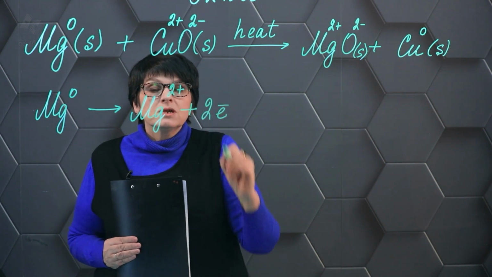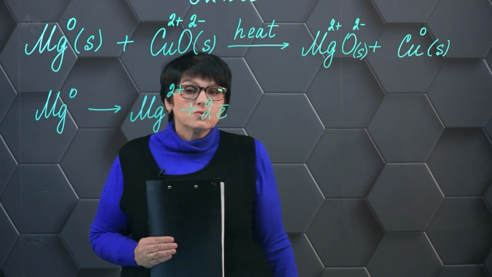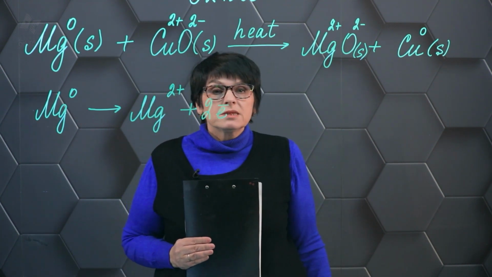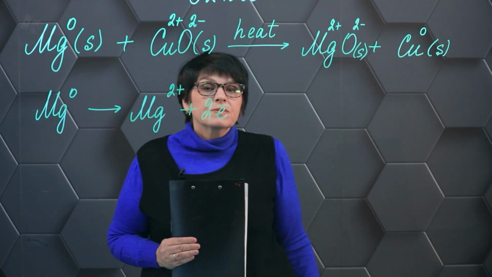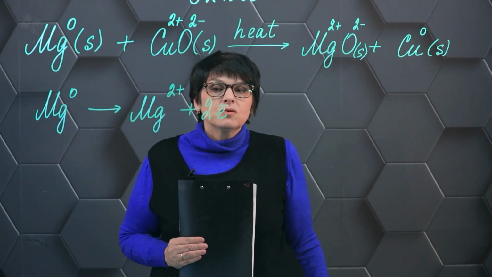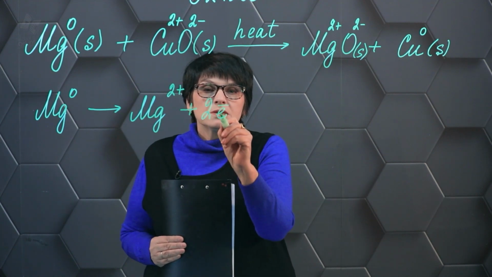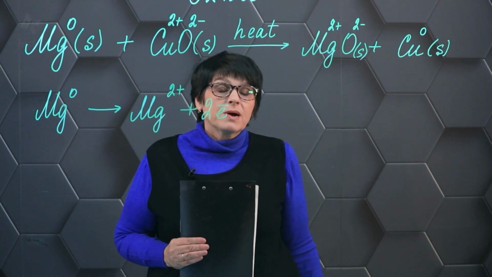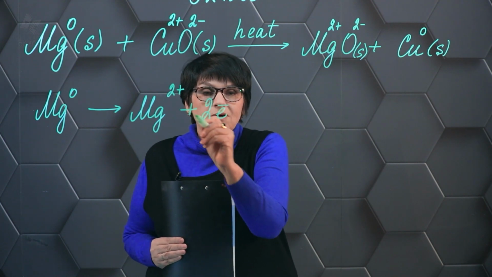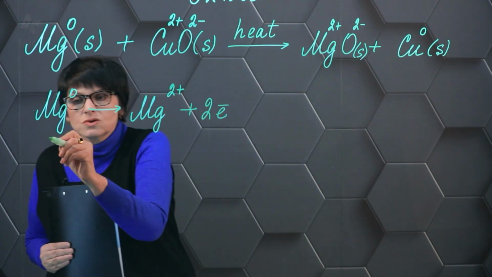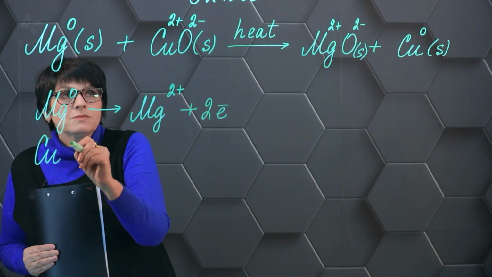But I have already explained in the previous lesson that the record of giving up electrons is not shown on the left side. The record is not accepted to show it, but it is written exactly like this. On the right side, show that 2 electrons will be given up.